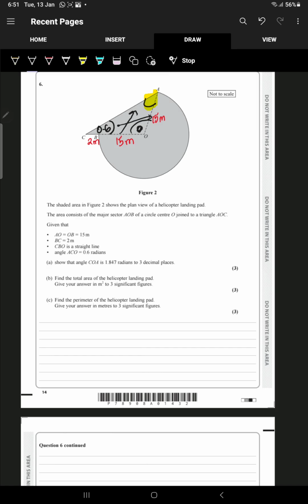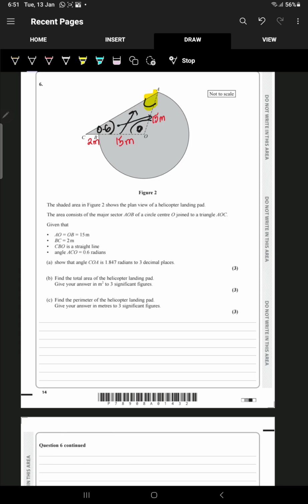Now you might be asking why we need to do this. Well, there is no information to directly calculate the angle ACO in one go. Also, if we want to use the cosine rule, we would need this side here, this side here, and that side there to get this angle, but we don't have that side.